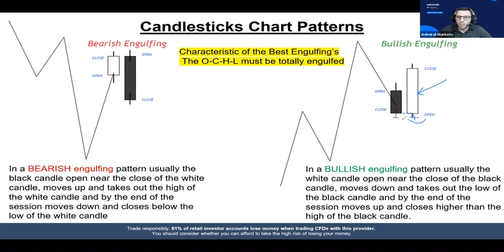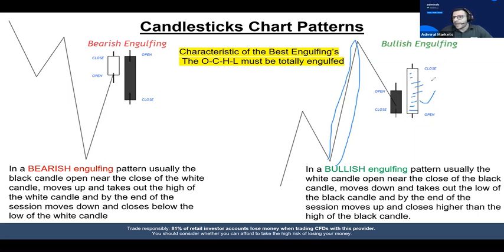And then we want the buyers to step in and snap back and close much higher than the previous candle high. This shows an incredible amount of volume in the different direction. This shows that buyers are in control in line with an uptrend. We have one of the strongest price actions in the candlesticks, and that's where we want to be trading.